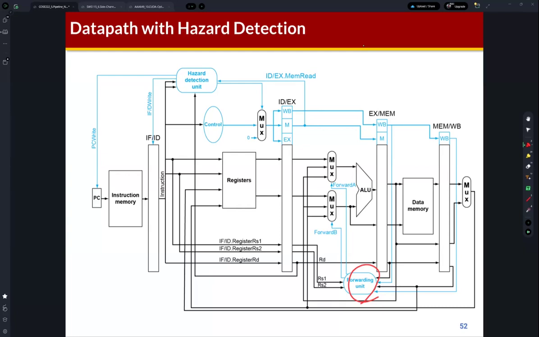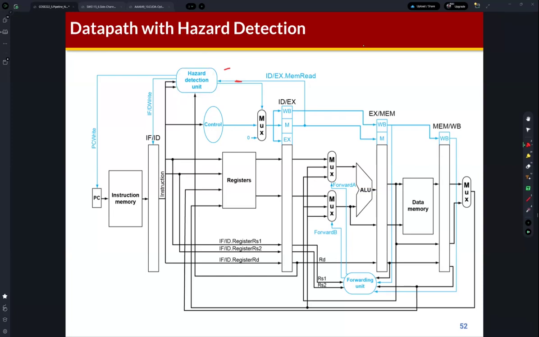And then I explained that the load use data hazard needs to be detected in the ID stage. So you can find the hazard detection unit, called the HDU. The hazard detection unit exists in the ID stage.